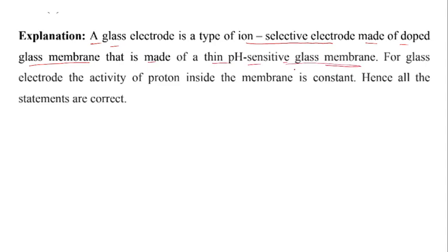For the glass electrode, the activity of proton inside the membrane, suppose it is a1, remains constant. Hence all the statements are correct. Inside the membrane the concentration is constant, and this is the only case where we will be able to find the concentration or activity of hydrogen ion in the analyte.